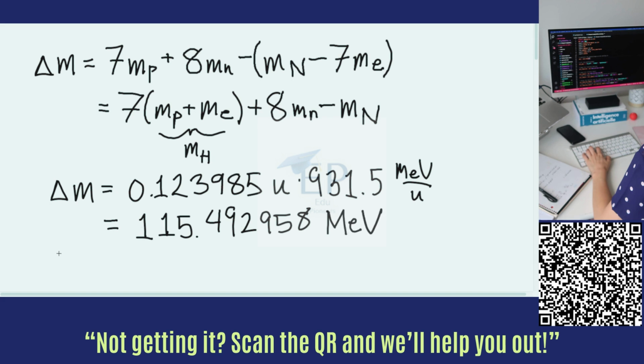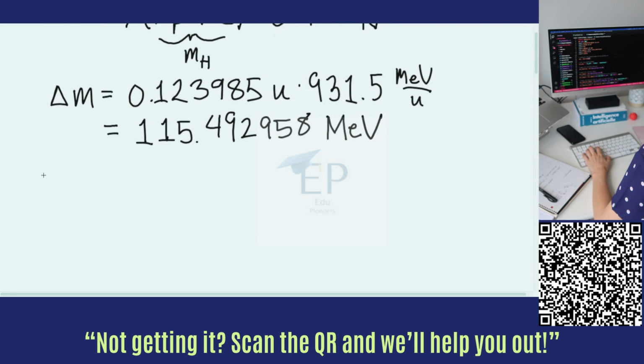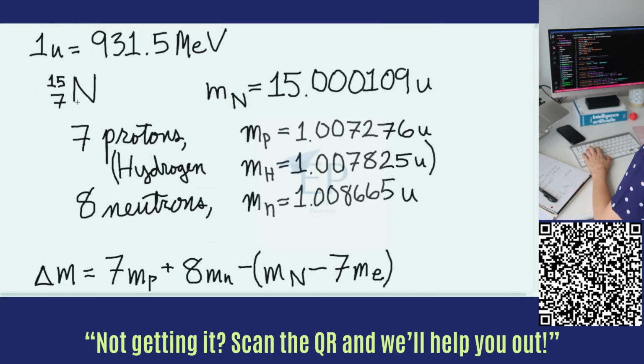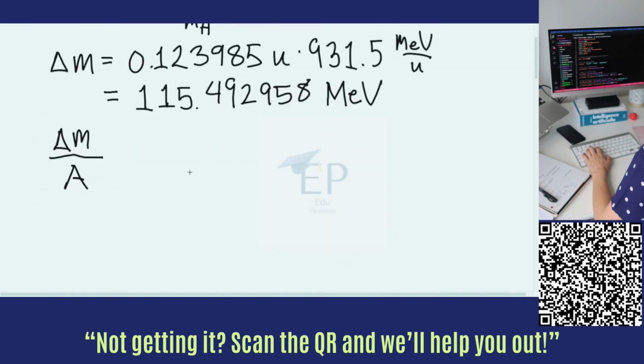The problem, though, asks for the total binding energy per nucleon. So this delta M that we've calculated, in megaelectron volts, we need to divide by the atomic mass number of the element in question, this nitrogen isotope. That atomic mass number is this 15 in the subscript.